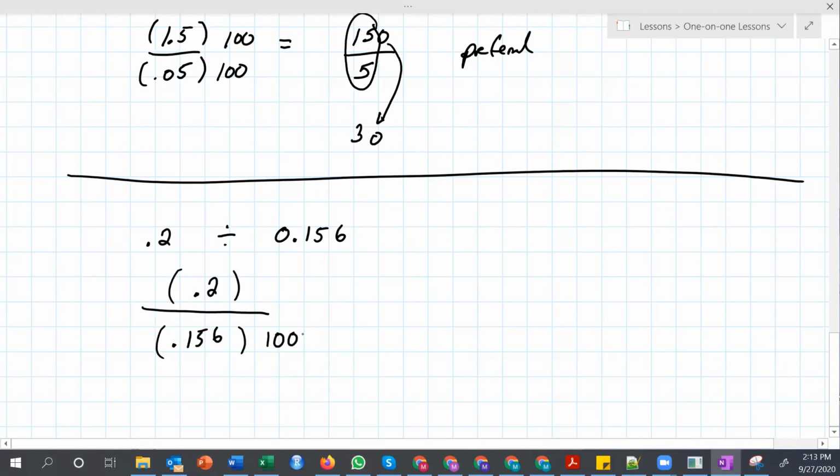In this case, it's 1,000 because those 3 zeros move the decimal over. So what number goes on top? What number goes on bottom? So the top one will be 200, and on the bottom, it's 156.